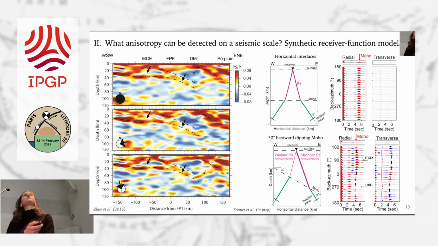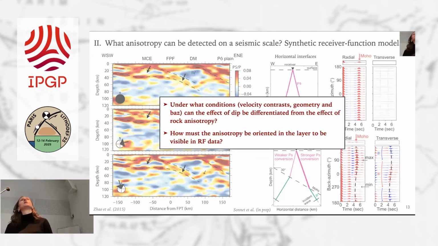But still, at the front of the belt, it is back azimuth dependent, and we are expecting interfaces that are more or less horizontal. So there is potentially a part of anisotropy, and hence a number of questions arise: under what conditions of velocity contrast, geometry, and back azimuth can the effect of the dip be differentiated from the effect of rock anisotropy, and how must the anisotropy be oriented in the layer to be visible in receiver function data?